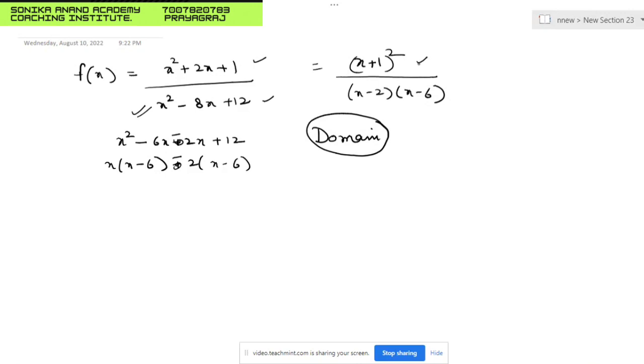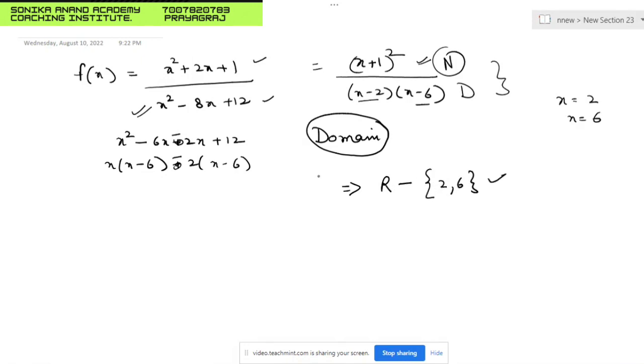We have to consider only the numerator, or if we have numerator and denominator both, then these two elements, x doesn't have the value of 2 and 6. Otherwise we can't solve this. So for this case, all the real numbers except 2 and 6. This is the domain. Like this. Clear?